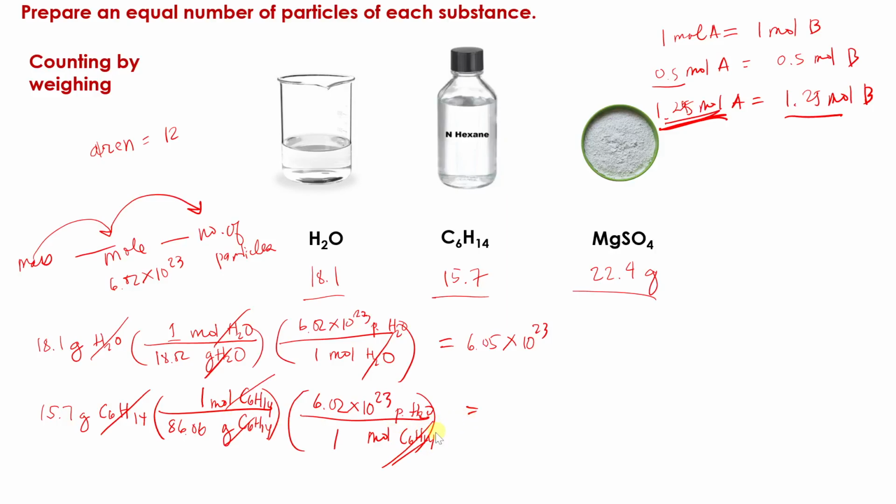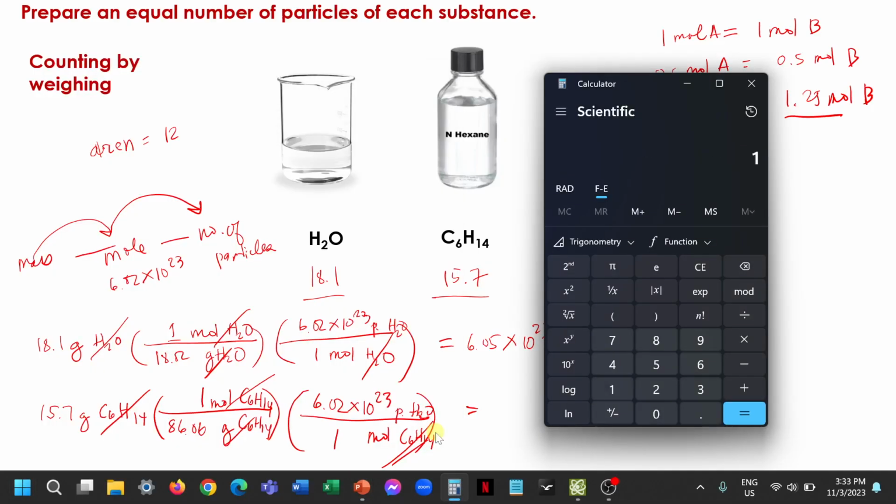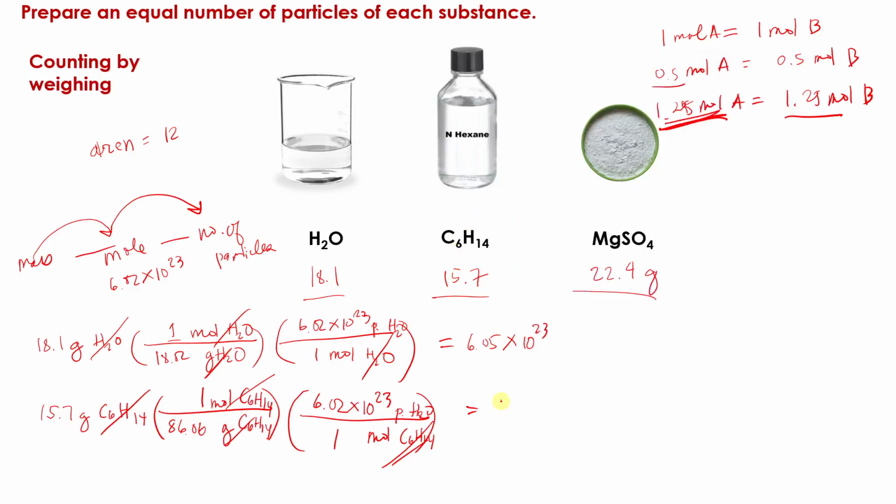And from this, we have 15.7 times 6.02 times 10 to the power of 23 divided by 86.06. So we have 1.10 if we round this, because the next digit is 8. We have 1.10 times 10 to the power of 23.